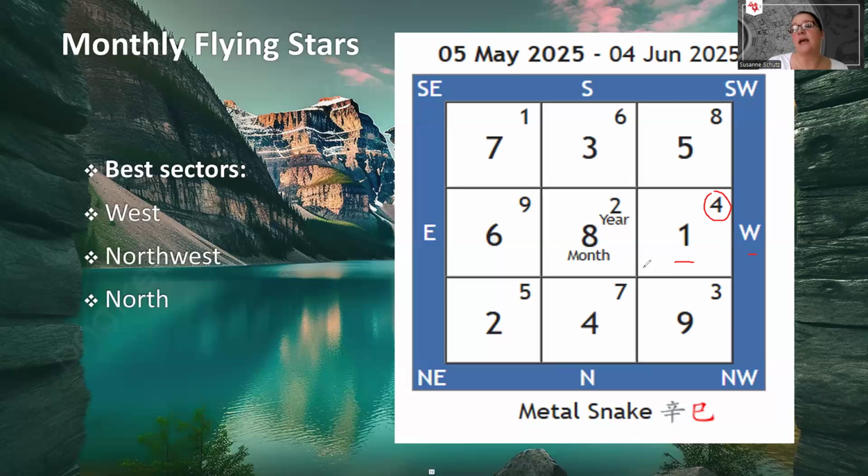Now, if we're just looking at the monthly star number 1 as a standalone star, then this is a really good sector for long-term financial planning, investment strategies, learning more about investments, for example, but then also anything to do with finding noble people or finding help.